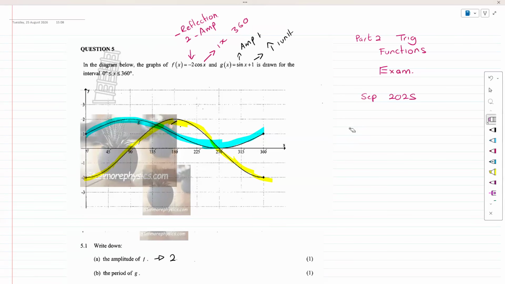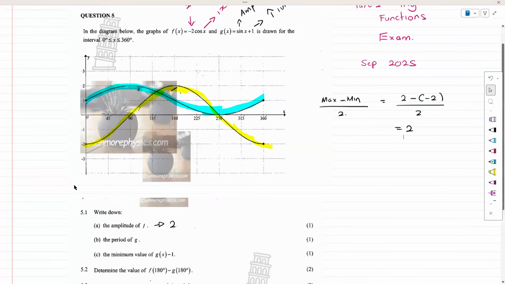And if you didn't want to do that, you could have said max minus min divided by 2. So the maximum would be 2, and the minimum minus 2, divided by 2, and that equals 2. But generally, the amplitude is the number in front of the cosine and tan.